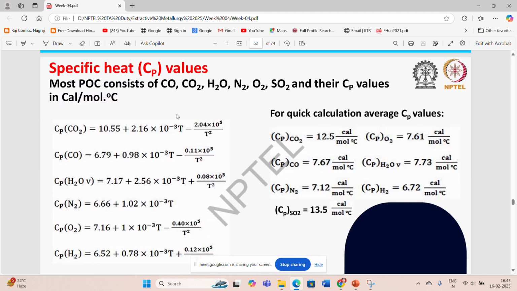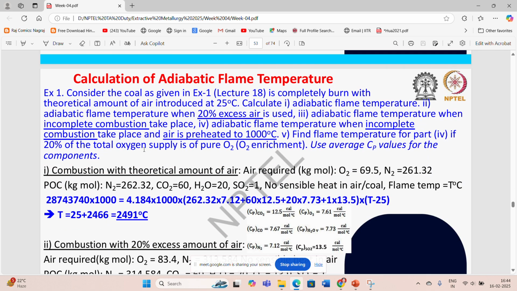Then for sensible heat, Cp values vary for different gases, like Cp for CO2 is 10.55 plus 2.16 into 10 to the minus 3 T. So the specific heat value of any product of combustion is majorly dependent on the temperature at which the combustion occurs. Okay, so there are some empirical formulations for the Cp calculations used in calculating adiabatic flame temperature.